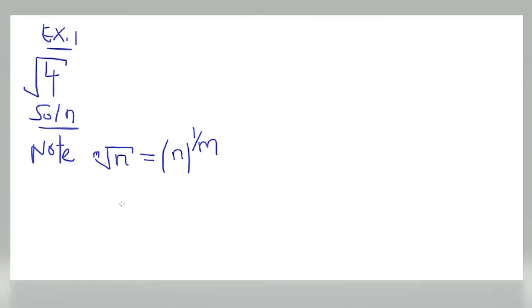For example, if you are given 27 with a 3 there, this can be written as 27 to the power 1 over 3. It is exactly the same.